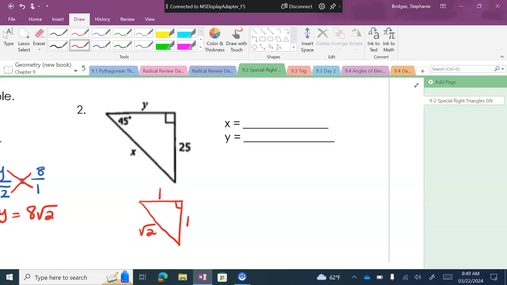What's in the same place as x in my reference triangle? The hypotenuse, the square root of 2. So we're going to go x over the square root of 2.